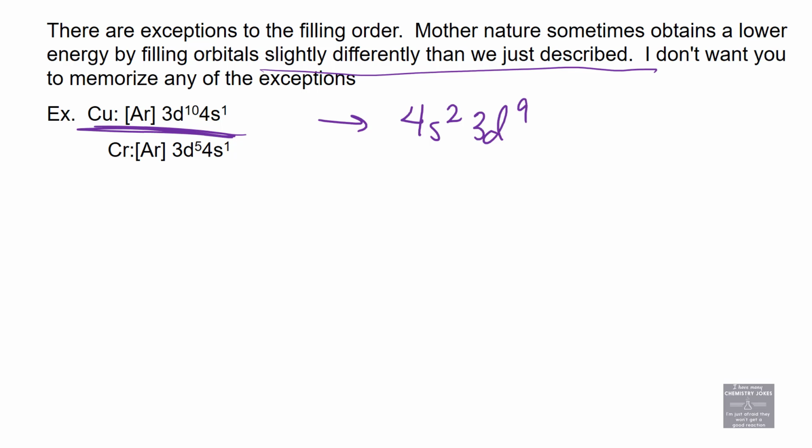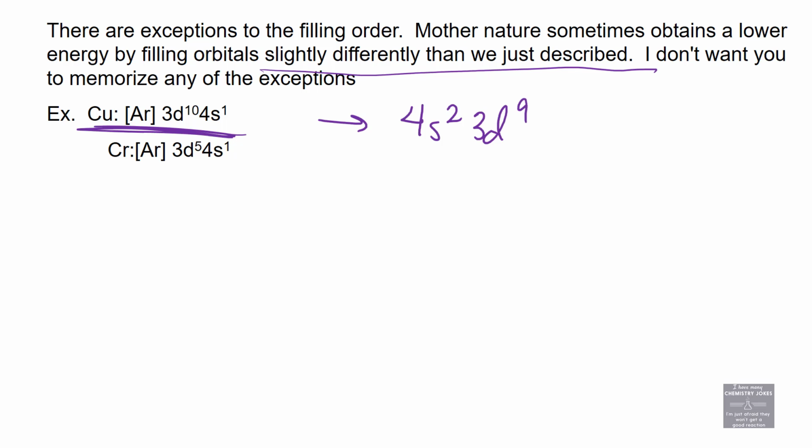The reason for that is actually in the next video, but the reason is that filled shells and filled subshells are pretty stable, so you can gain some extra stability by completely filling your 3d. You gain more stability than by completely filling your 4s. So copper is an exception to the Aufbau principle. Again, don't memorize, just be able to recognize when there are exceptions.